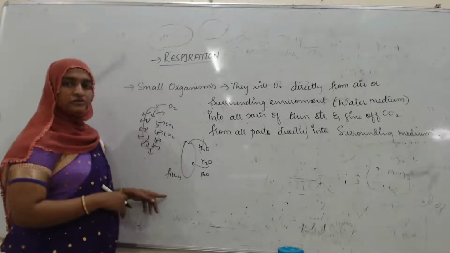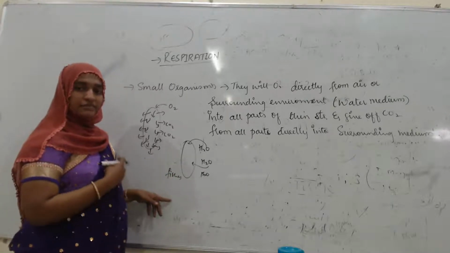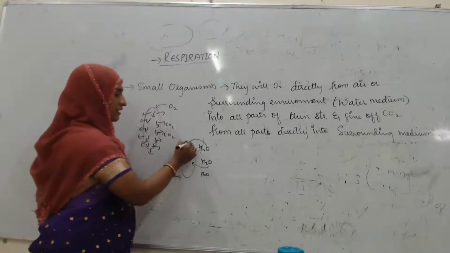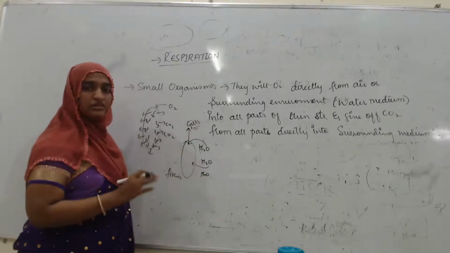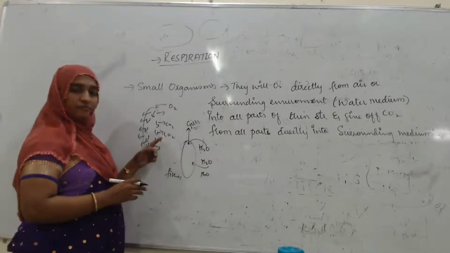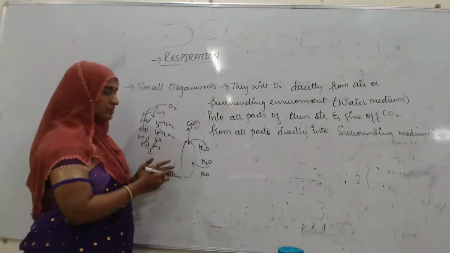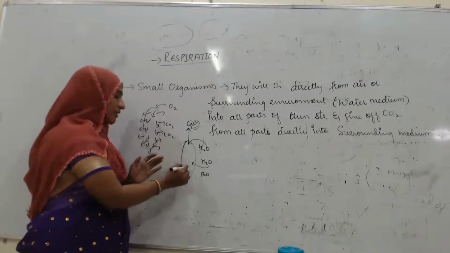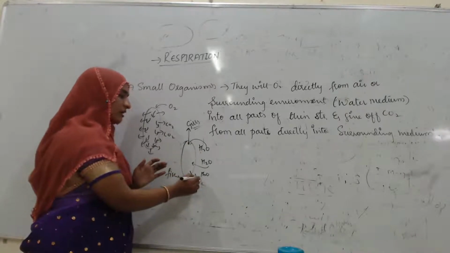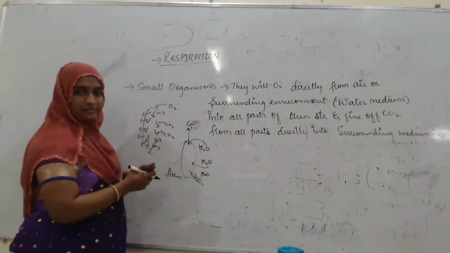Fishes are also organisms, in them there is the presence of gills. What are those small structures responsible for gas exchange? That is the gills. So they take the oxygen which is in dissolved form, and they give away the carbon dioxide through the gills.